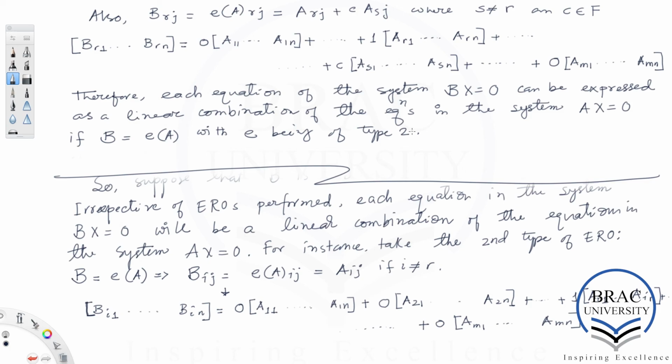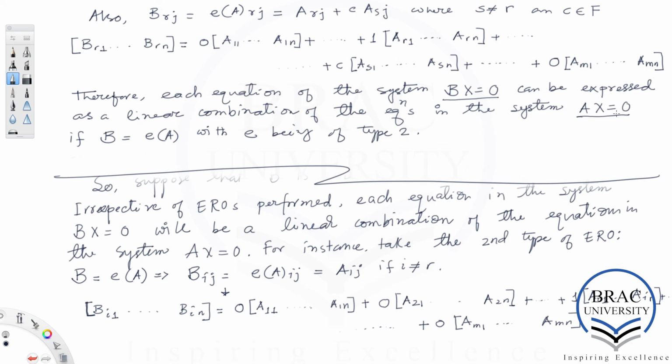And now this result can be shown to hold for the other two types of elementary row operations as well. So we have shown that each equation of Bx equal to 0 can be expressed as a linear combination of the equations in the system Ax is equal to 0.